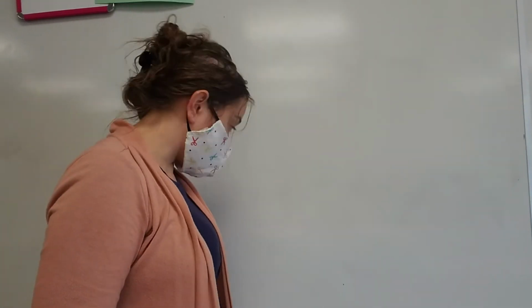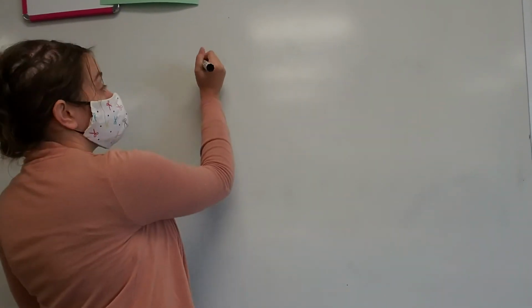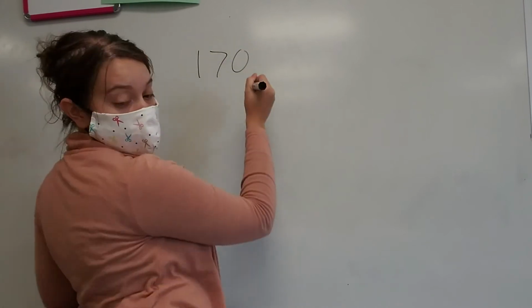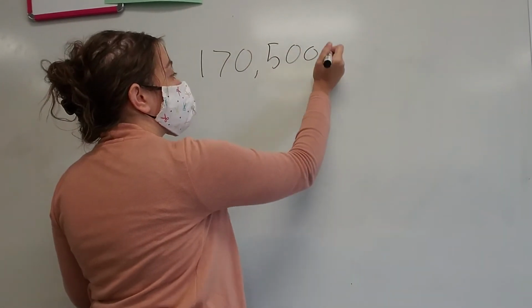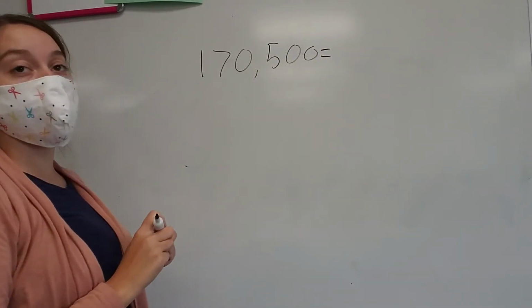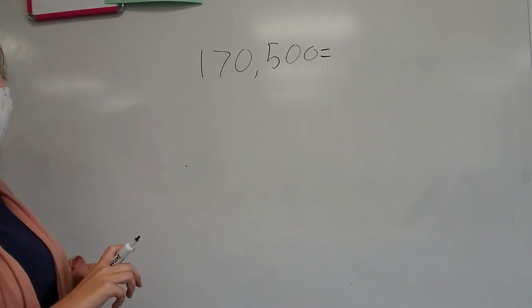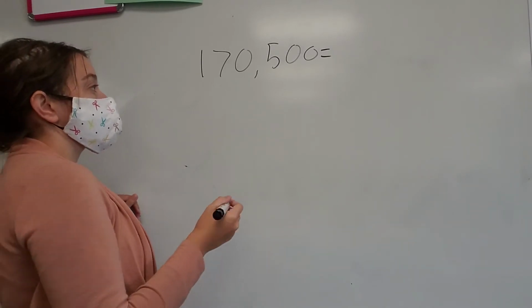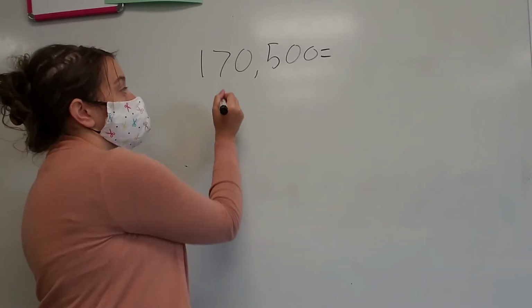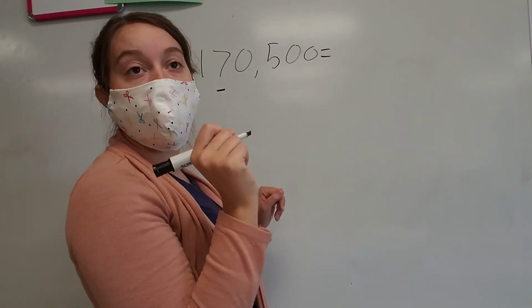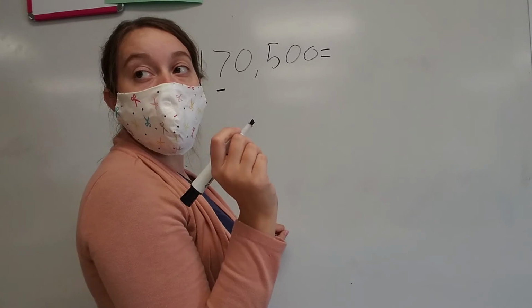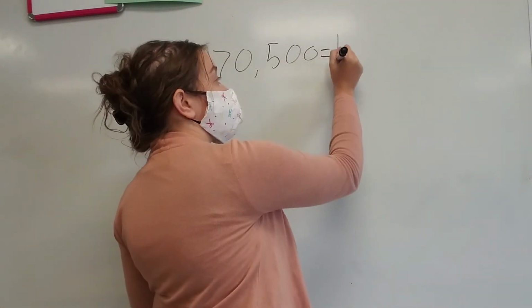So let's look at letter D of number 5. We have 170,500. Okay? We are rounding to our nearest 10,000th place. What number is in my 10,000th place, Charisma? The 7. Anything before my number, everyone look up here, before my number stays the same.